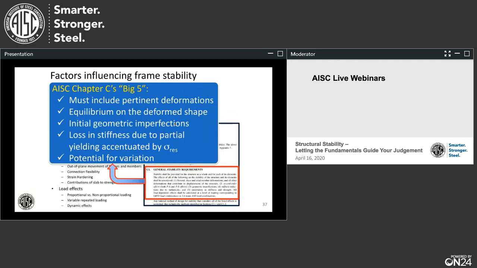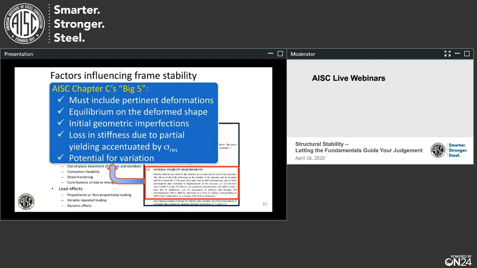Any pertinent deformations, certainly axial deformations, bending deflections, shear deformations if they're significant, and if you have significant connection deformations, you should account for them. Anything that would influence the deformed shape, because you need to consider equilibrium on the deformed shape.